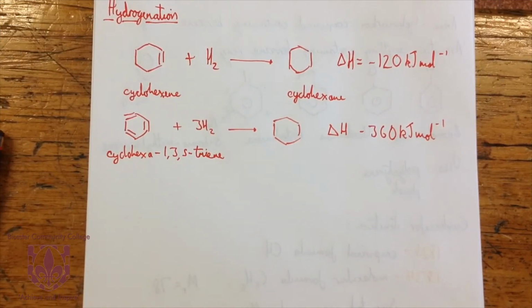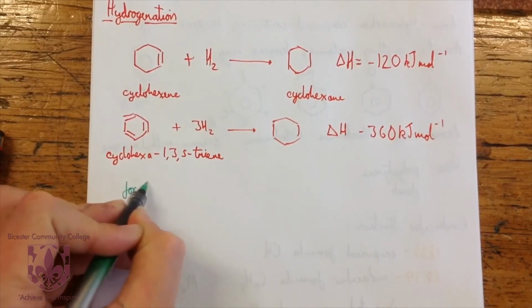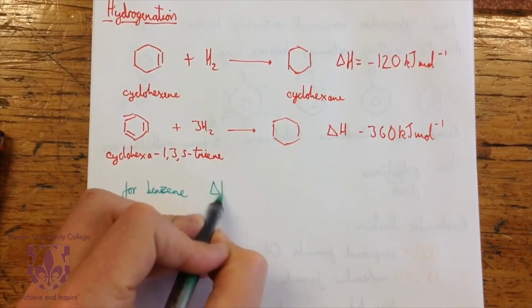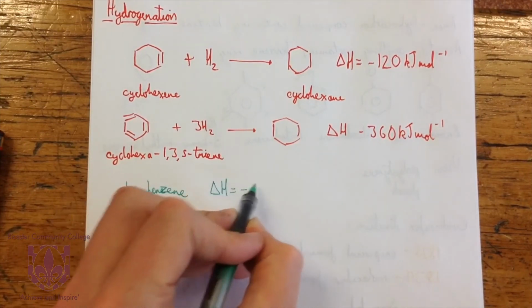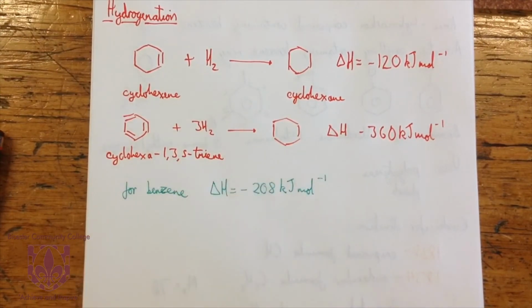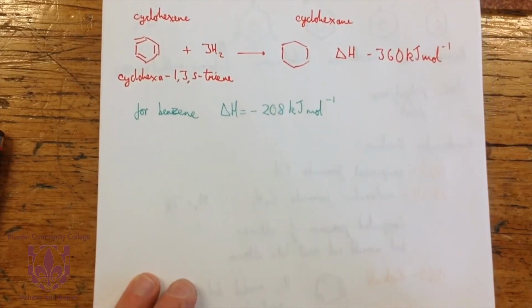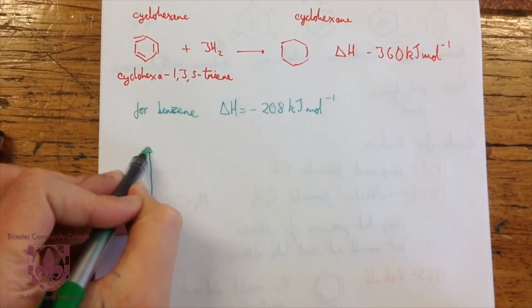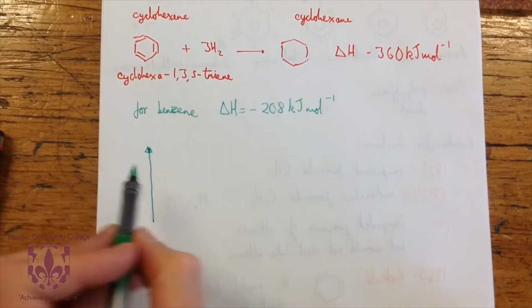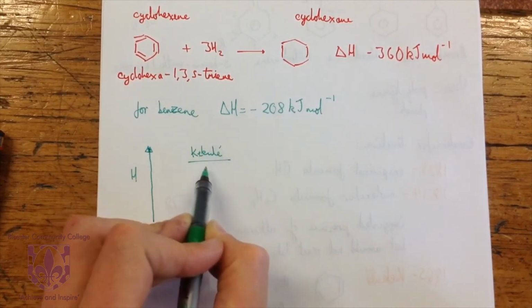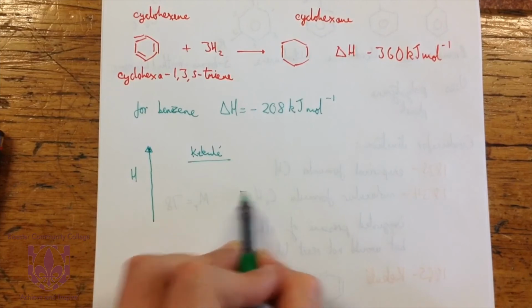However, for benzene, delta H is equal to minus 208 kilojoules per mole. So really different reaction. And what that means, if we think of an enthalpy profile diagram, so we take enthalpy H, and the Kekulé structure, the cyclohexa-1,3,5-triene, is up here.